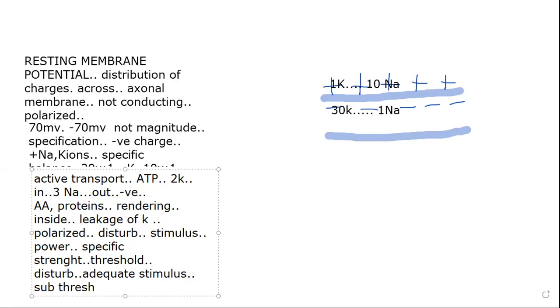It is not complete to disturb this distribution. And what is the distribution? 30:1 potassium, 1:10 sodium. Active transport through the pumps, passive transport through the channels of potassium, more concentration of negative ions inside, minus 70 millivolt inside.